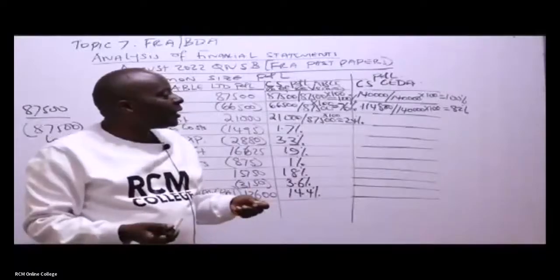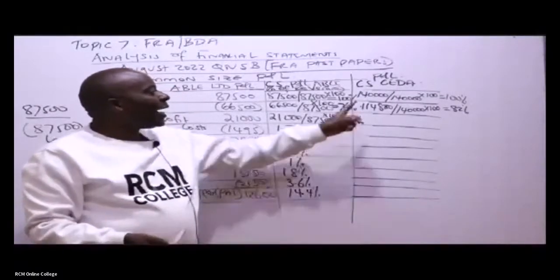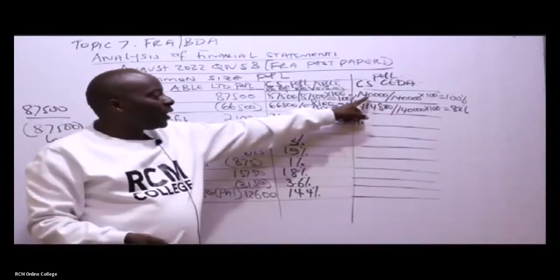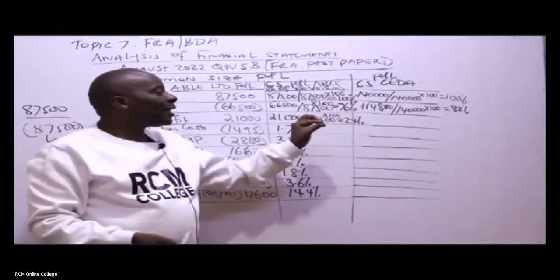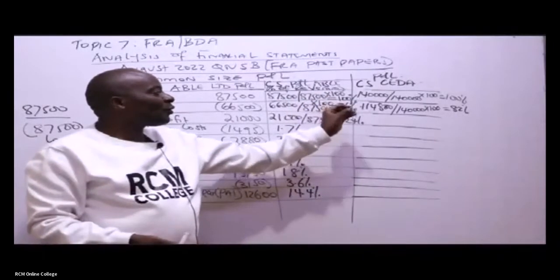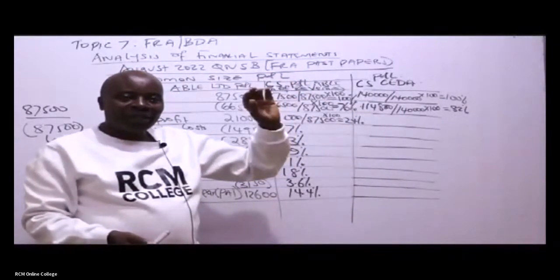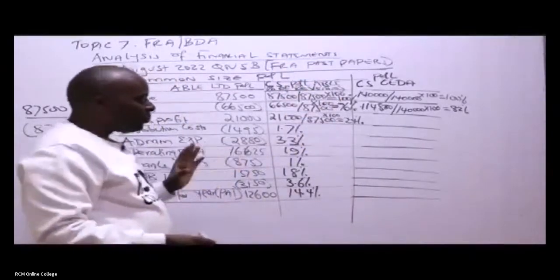I'm able to see that the increase in the cost of sales for CEDA is attributable to a higher revenue. Because you can see revenue for CEDA is 140,000. This one is 87,500. So you can't say that simply because the cost of sales of CEDA is higher, we are doing badly. No. Also, the revenue is quite high, but we should be able to look at that as we progress.